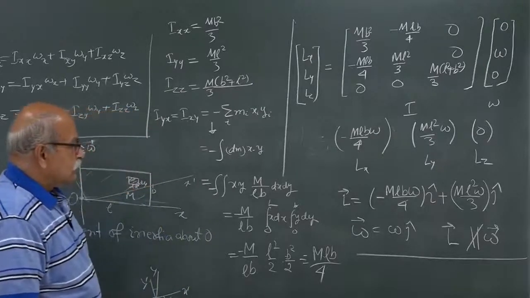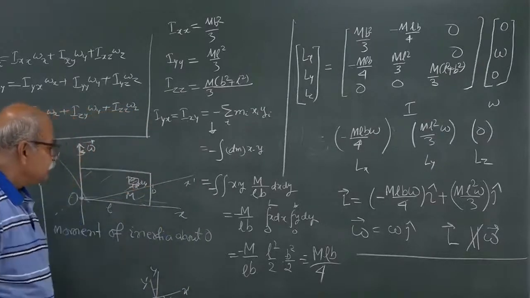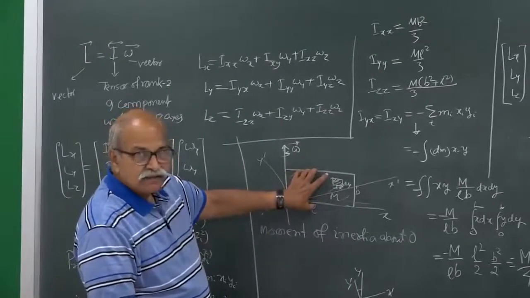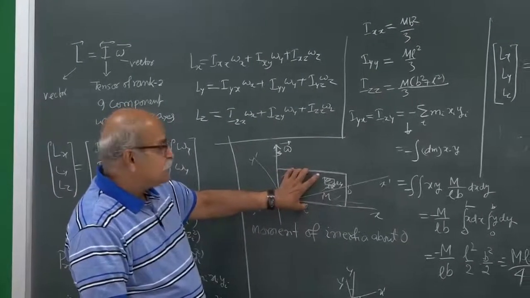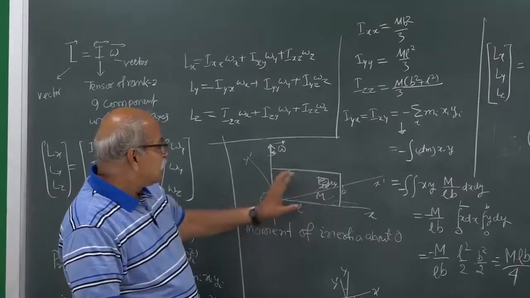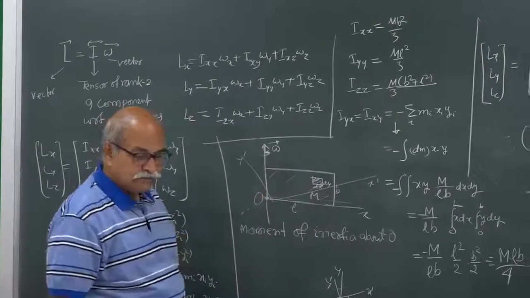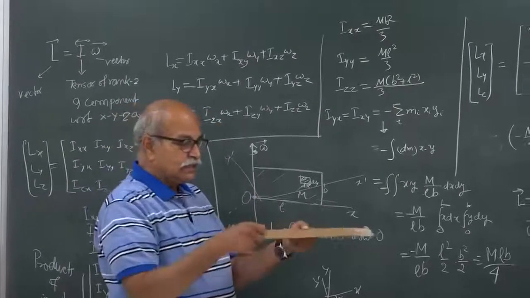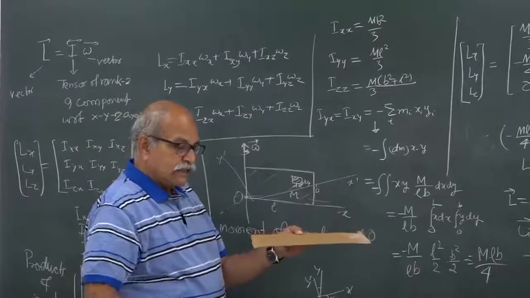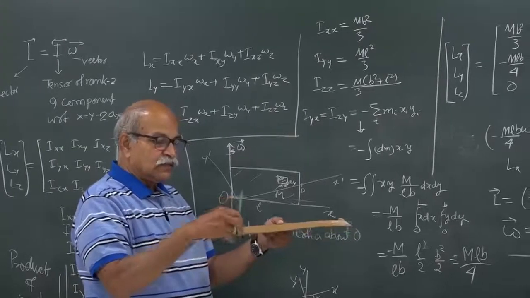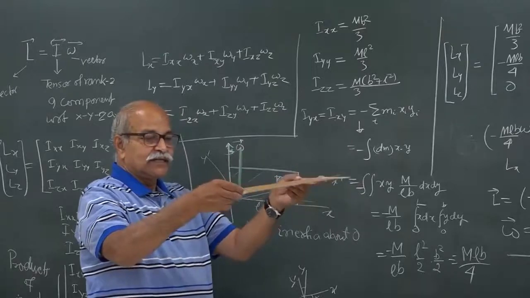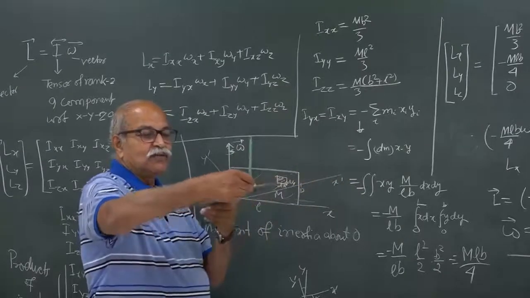Let us take another example. The same story, the same system, the same plate, but this time let us rotate it about the z axis. If this is a plate, this is the x axis, this is the y axis and this is the z axis, it is rotated about this z axis, so it will rotate like this with some uniform omega.